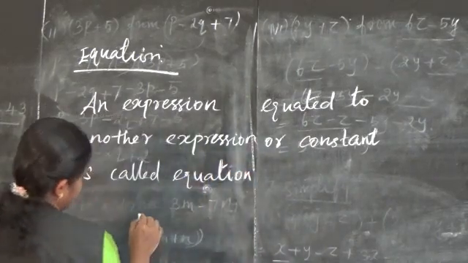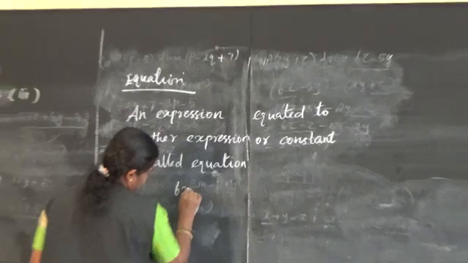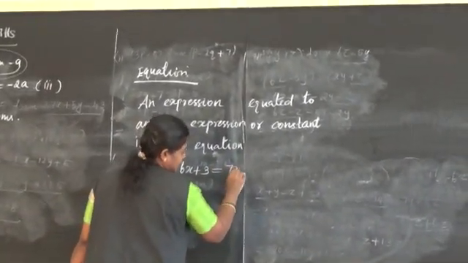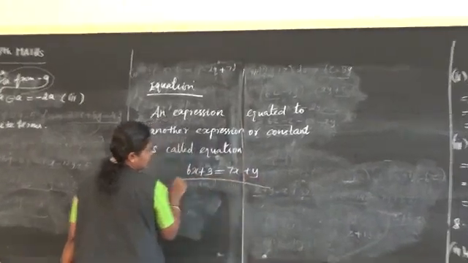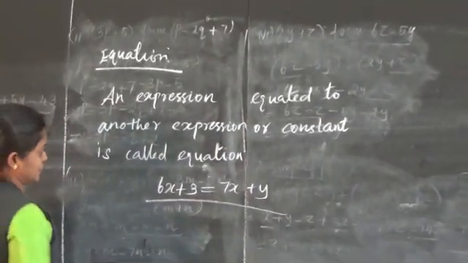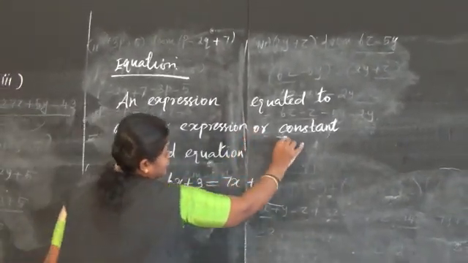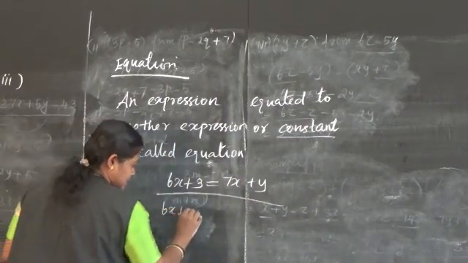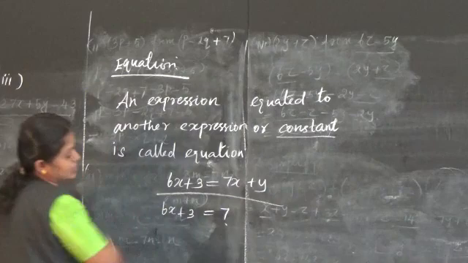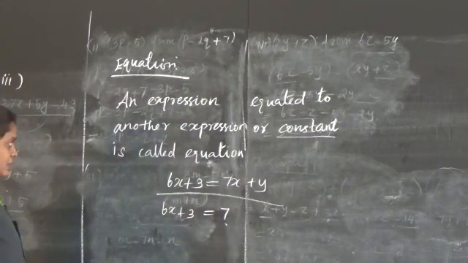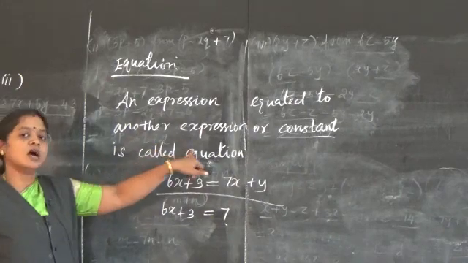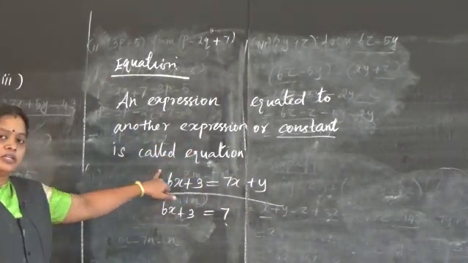For example, I am taking one expression 6x plus 3, I am equating to another expression 7x plus y. This is called an equation. And another definition also I told you is a constant. So 6x plus 3 equal to 7. This also is called an equation.